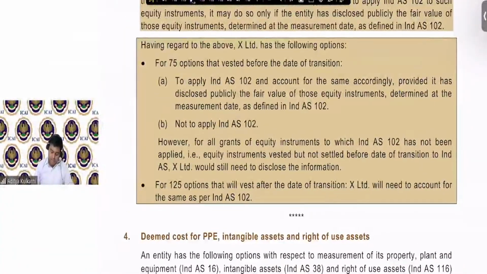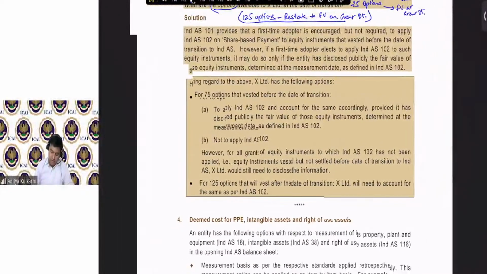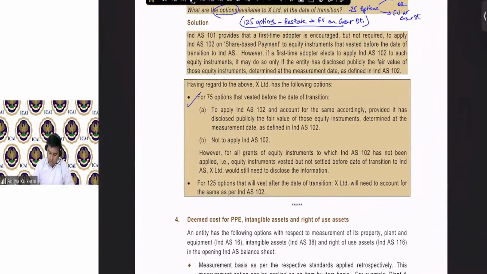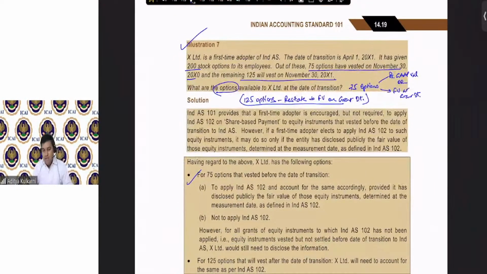All right. So this you can go through it. They have used a little more detailed language. But again, you can use the simple language also and get your answer. All right. So this is done. Shall we proceed further?